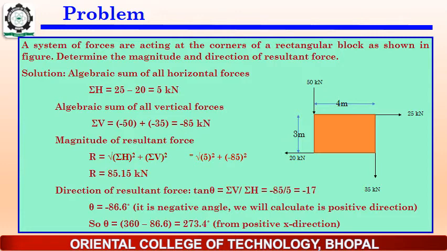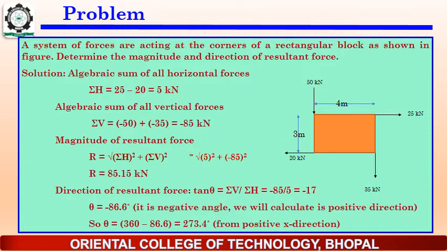We put the values of summation of horizontal force, means 5 kilonewton, and summation of vertical force, minus 85 kilonewton, in this formula. In this way, after simplification, we will get R is equal to 85.15 kilonewton with positive sign. So this is the magnitude of our resultant force.